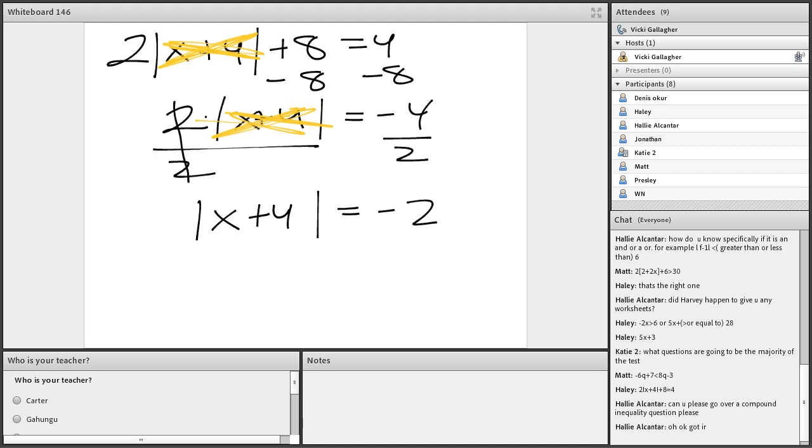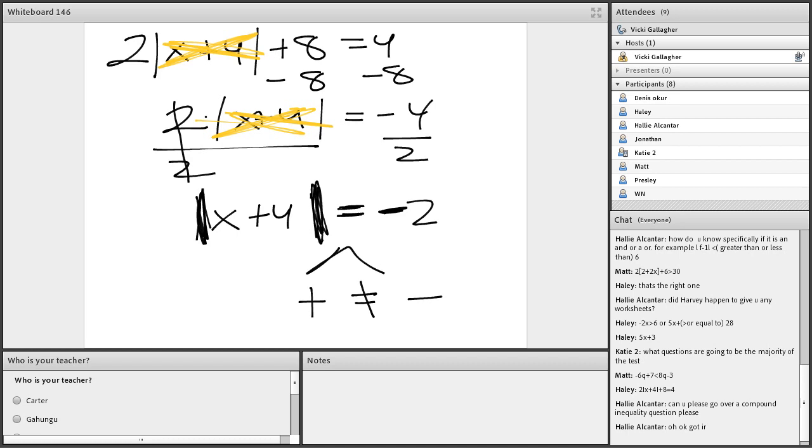Normally here, I would say, okay, let's split it and find some answers. But I happened to notice that I now have an absolute value that we are saying is equal to a negative. We talked about this earlier today. Absolute values are positive numbers, and positives cannot equal negative numbers. And so I'm actually going to stop right here.